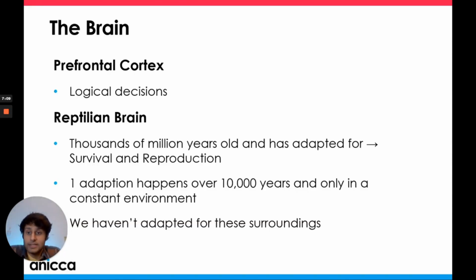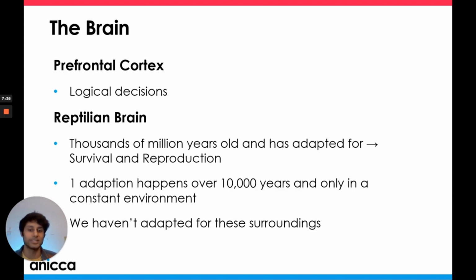So the brain and our behavior. The brain consists of a prefrontal cortex. This is not the entire brain, but your brain has a prefrontal cortex where logical decisions are made, and you have the reptilian brain, thousands of millions of years old and adapted for one or two things, which is survival and reproduction.